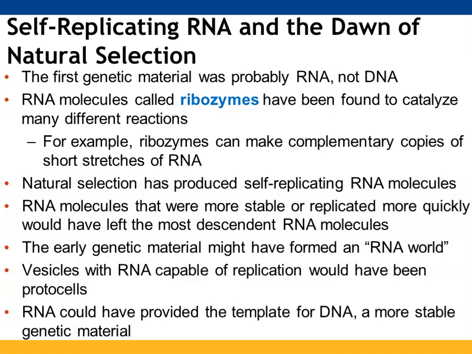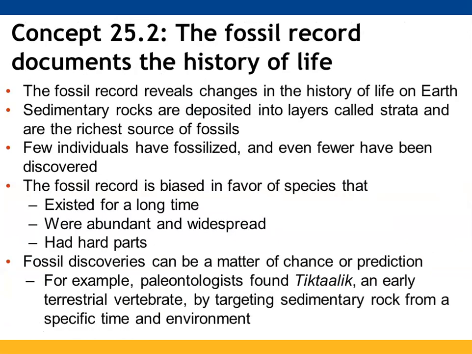These RNA molecules that were more stable or capable of replicating more quickly would have left the most descendant RNA molecules on our planet. And this early genetic material may have formed what we call an RNA world. Vesicles with RNA that were able to reproduce would have been classified as protocells. RNA then could have provided the template for DNA, which is obviously a more stable form of genetic material.